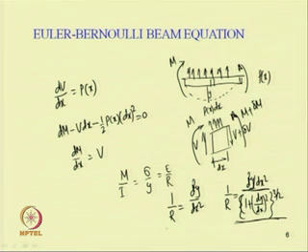But for small displacement, one can take 1/R equal to d squared y by dx squared. So M equals E I d squared y by dx squared.